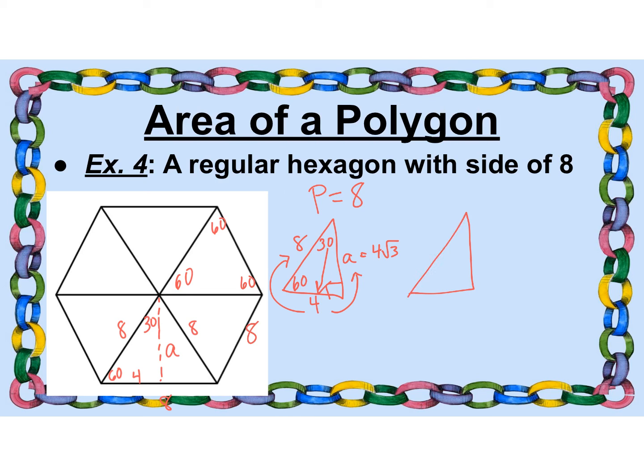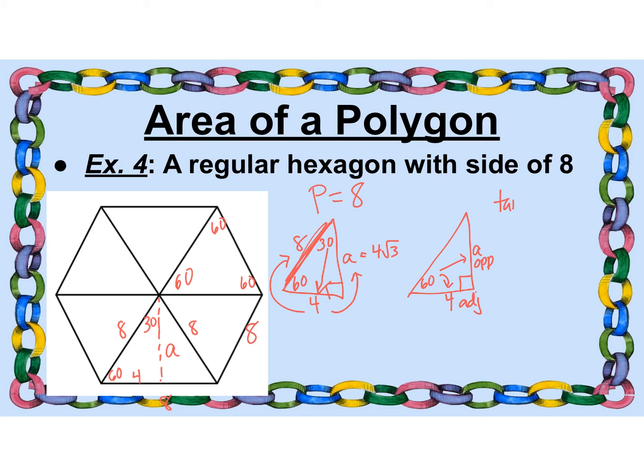So if I know that this is 60 and I'm looking for A and I know my bottom is 4. Normally I won't know this because it won't be an equilateral triangle. So now we have a right angle and I know one side and one angle. So we can use right triangle trig. We need to look at what we have. We're looking for opposite and adjacent, and that's going to be my tangent.